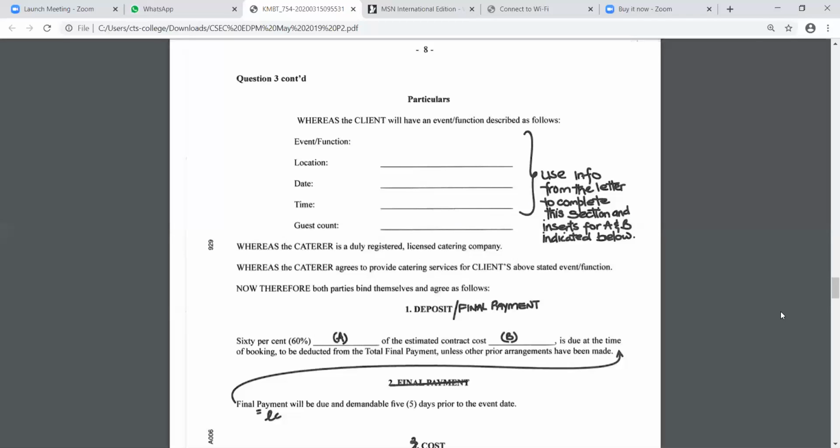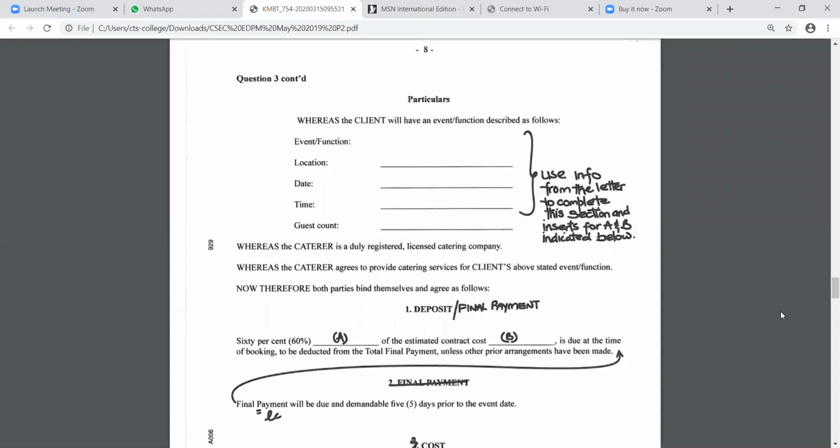All right. What formatting is applied to particulars there? Center and bold. Very good. Center and bold. So pay attention to these formatting techniques, right?